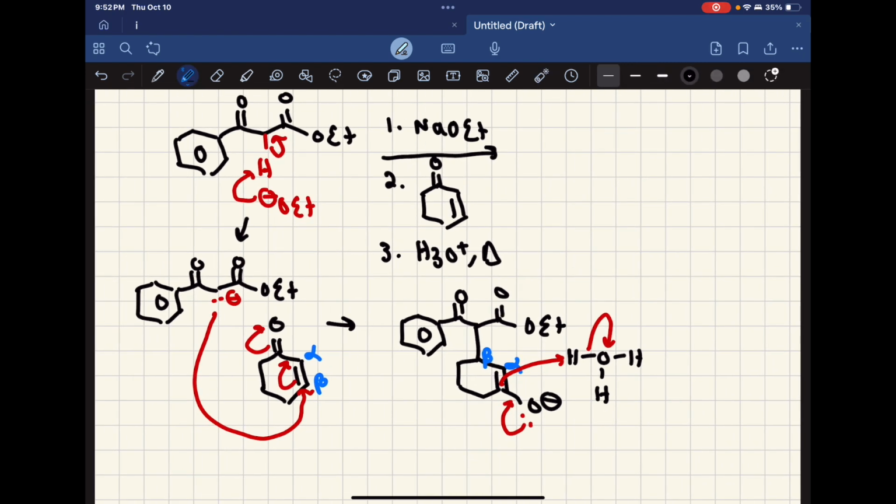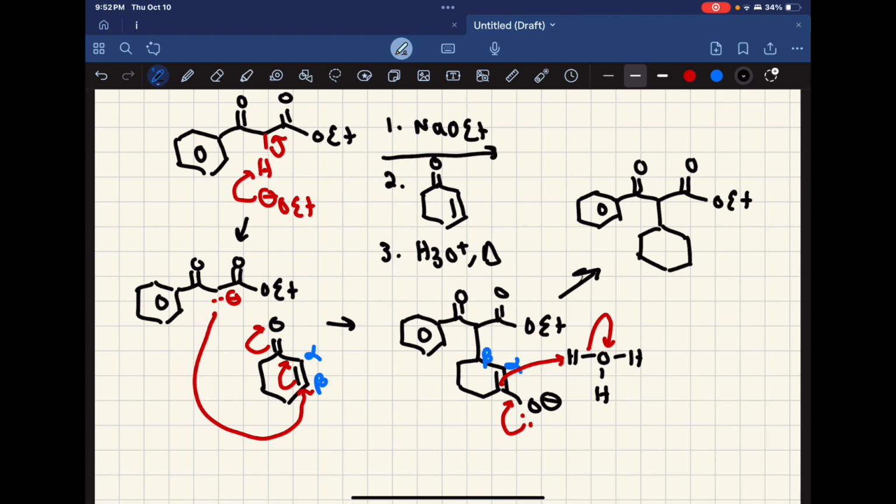So the result is this structure. Okay, so we formed this structure.